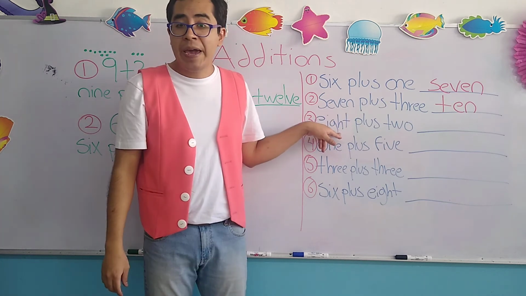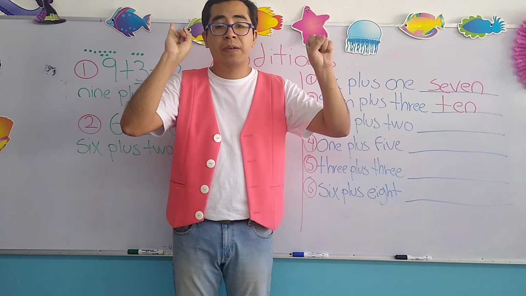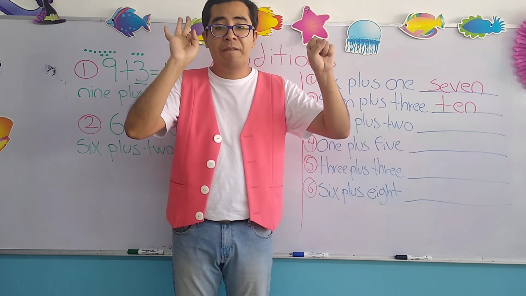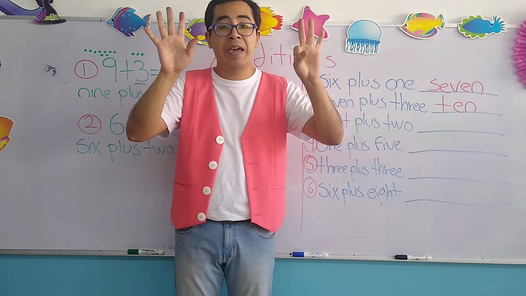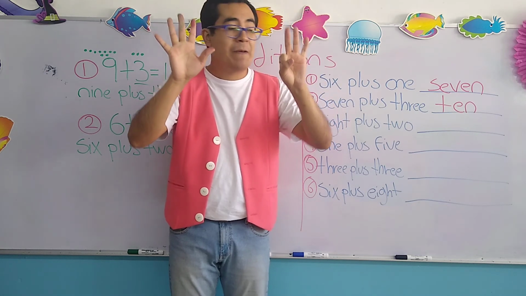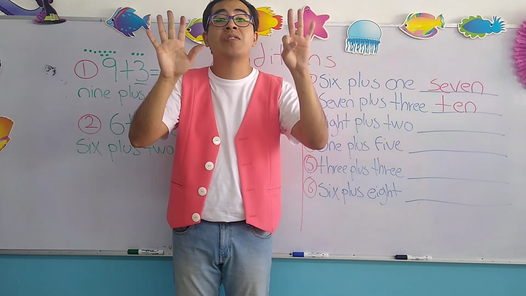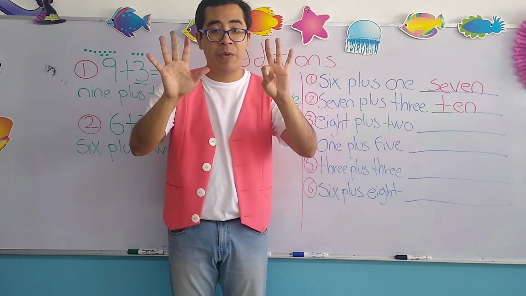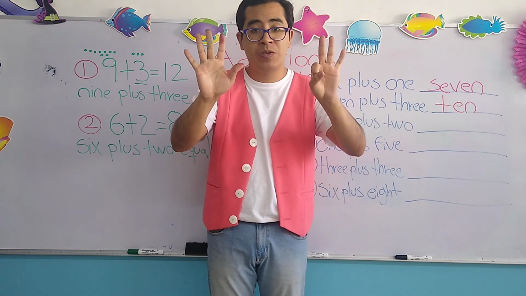Let's continue with number 3. It says 8. So first of all, remember 8 fingers. 1, 2, 3, 4, 5, 6, 7, 8. We have 8 fingers. Now, 8 plus 2. We have to raise 2 more. Now remember, once we are like this, ya que estamos con los 8 primeros, no los vamos a mover.